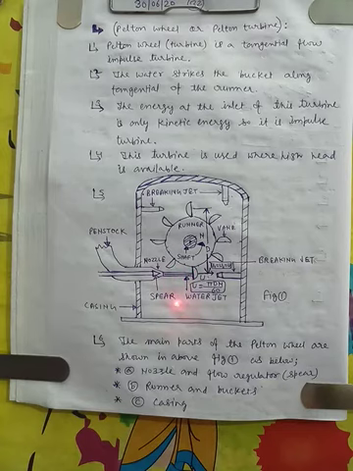So this is the line diagram of Pelton wheel. This is the casing and it just protects the spreading of water, and it also safeguards the people working around this turbine.